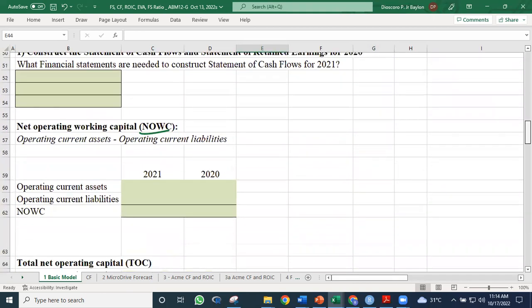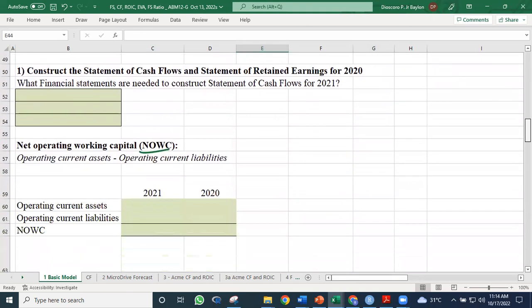All right, so let's have a quick review of the other measures that we need. There are some metrics that we need to learn as far as the company's performance is concerned. How do you construct the statement of cash flows? We need the income statement of the current year, the balance sheet of the current year, and the balance sheet of the previous year.